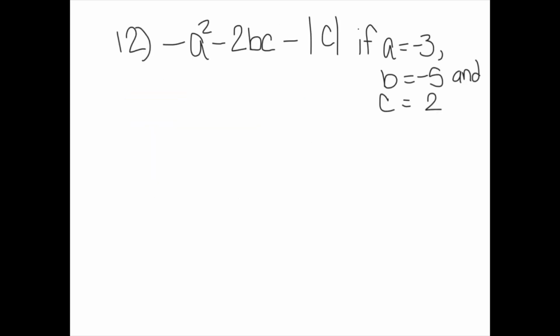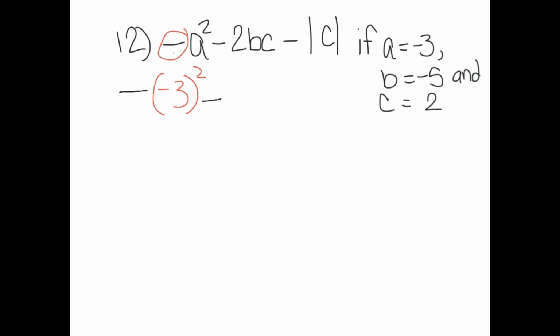Let's look at number 12. Here a is negative 3, b is negative 5, and c is 2. This negative is already in the problem, right? And a squared, so negative 3 squared. See how this was part of the problem; it wasn't part of a. So it's saying take the opposite of a squared.